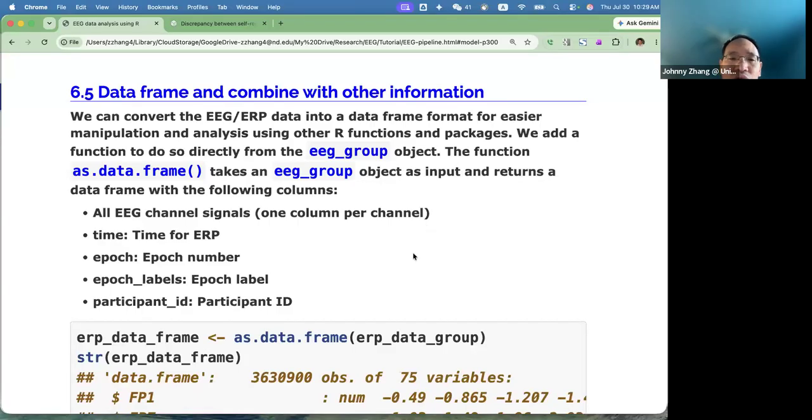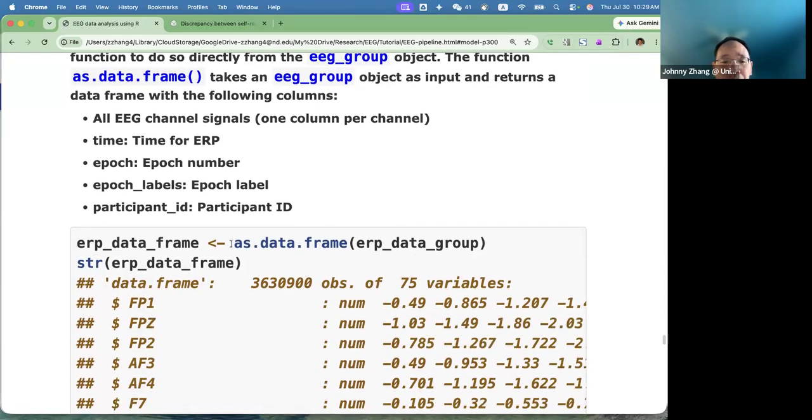So here I first convert my ERP data into a data frame, and then combine the ERP data frame with the behavior data. You can do this very easily using as.data.frame to convert ERP data to a data frame. You have to use the updated package.